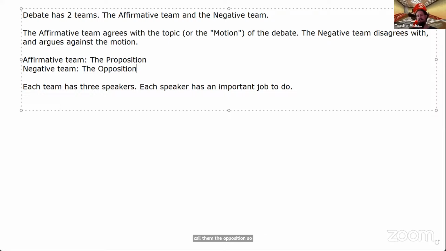So these are important definitions that you need to know, because that's what they actually call them in debating competitions. So just making sure we're calling the affirmative team the proposition, and the negative team the opposition.